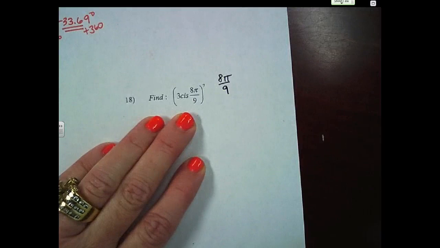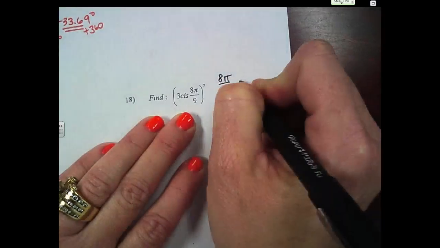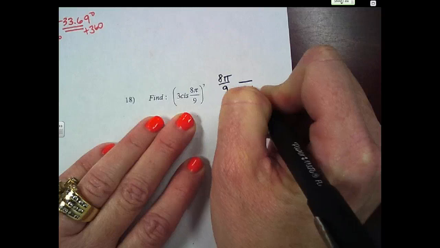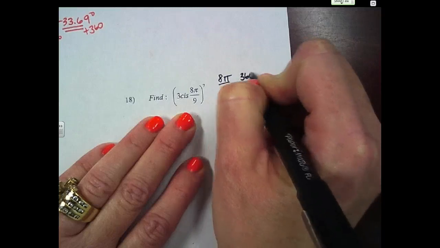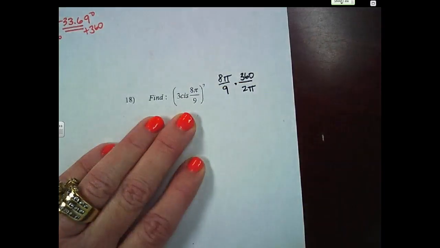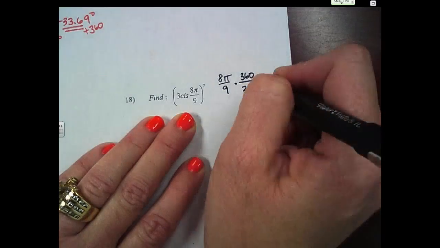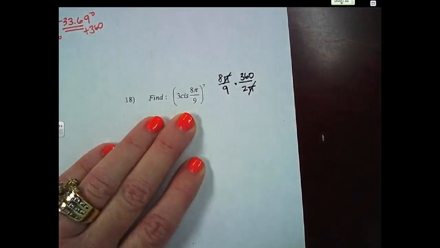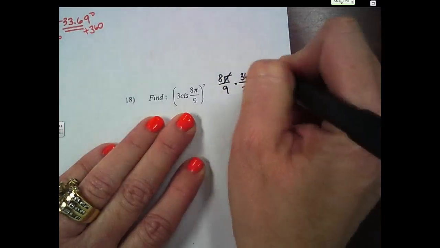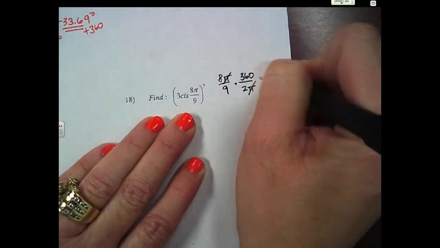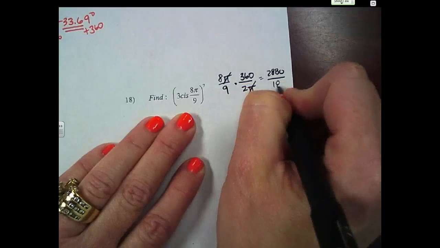360. How many radians are in a circle completely? 2 pi. So I want to get rid of the pi. I want to get rid of the radians. So 2 pi goes on bottom and 360 goes on the top, because that's the same thing. Okay? So the pi is going to cancel, and you're going to do 8 times 360, which would be 2880, and divide by 9 times 2, which is 18.